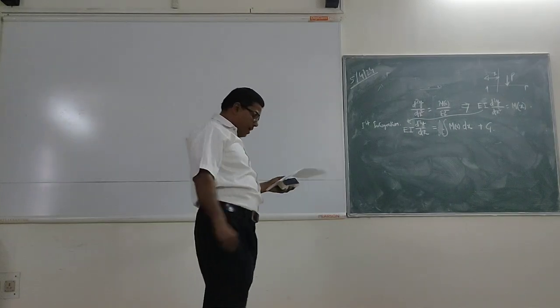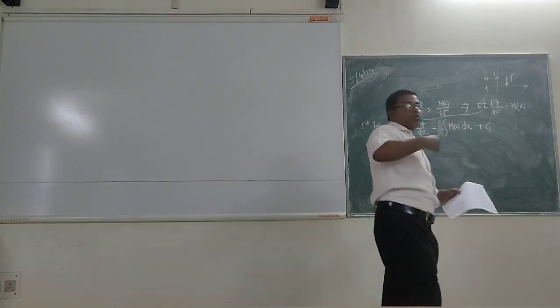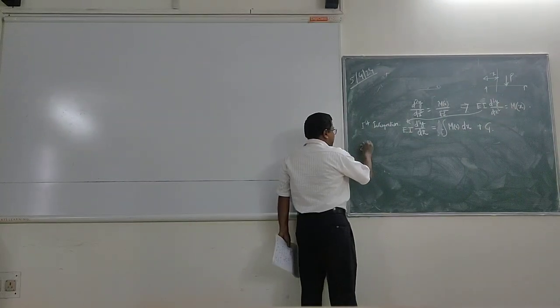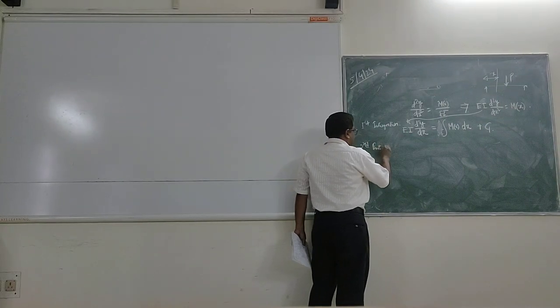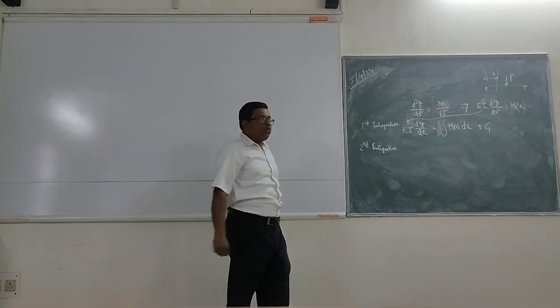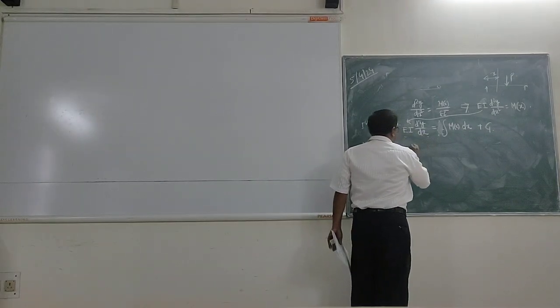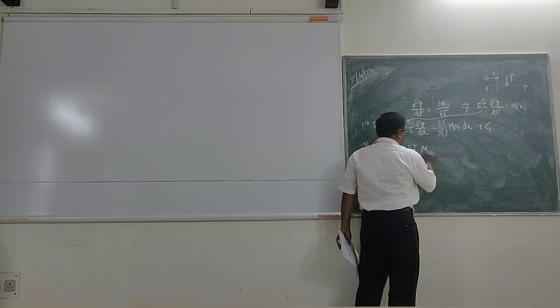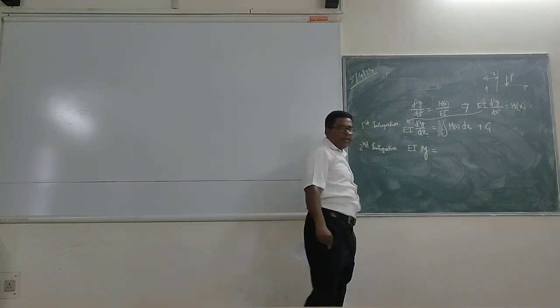Now if I next do the second integration, another time I am doing the integration, right? If I do integration of dy/dx, I will get EI into y. The dx will be going on the other side, right?